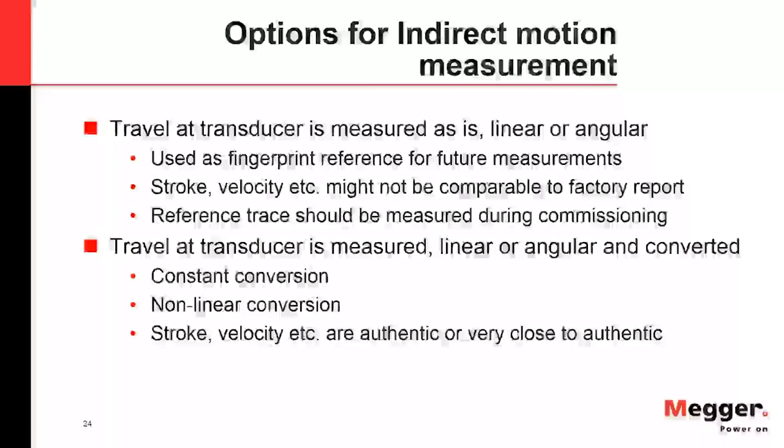All right. So a couple options that we have for an indirect motion measurement. If you don't have any kind of conversion factor table, you can go in and hook up this transducer and just measure what you're doing. You can either get a linear movement or an angular movement, and then you use it as a fingerprint, and then you reference this for all future measurements.